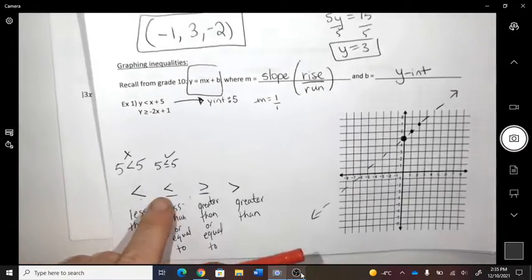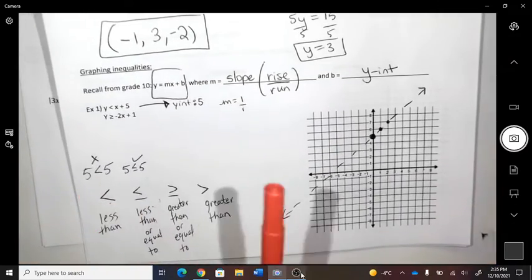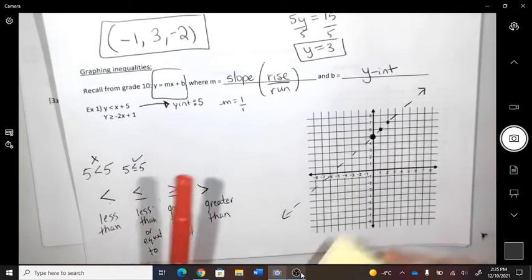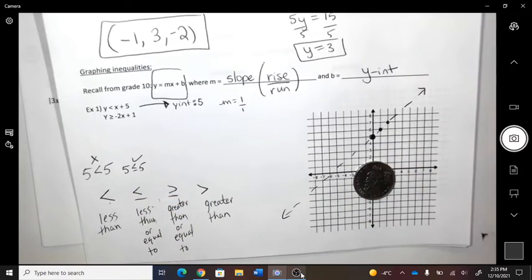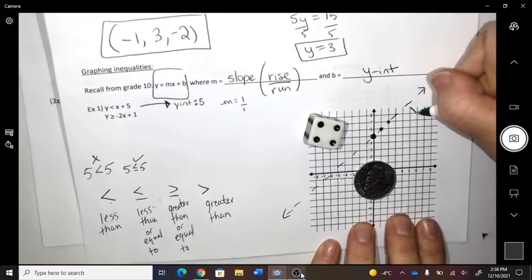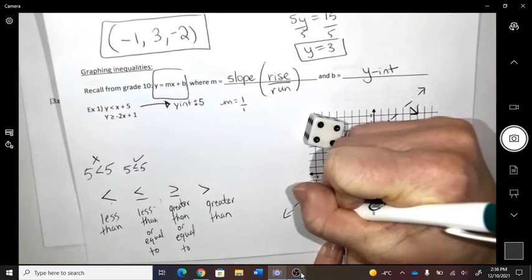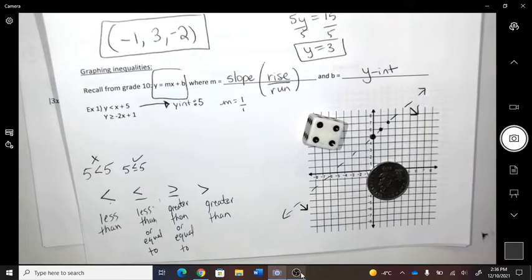Okay, here's my question. I'm going to do a quarter on that side, and that side has a dice on it. Which side of the line would look like it's less than the line? The quarter. So I'm going to put myself some little reminders that I have to be on that side of the line. Less than the line.